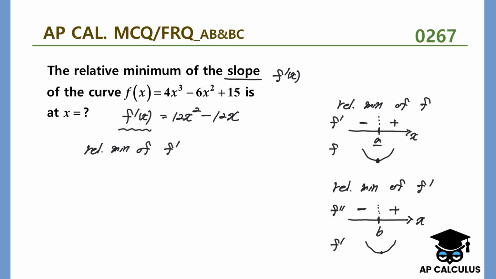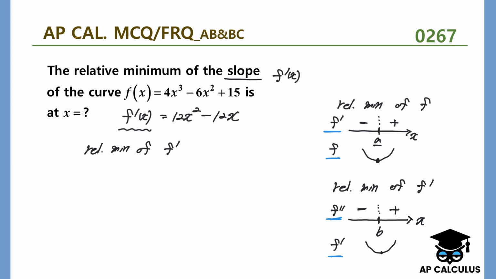F prime is the first derivative of f. F double prime is the first derivative of f prime. So if f prime is negative positive, f decreases, increases. If f double prime is negative positive, f prime then decreases, increases. Does that make sense? Okay.